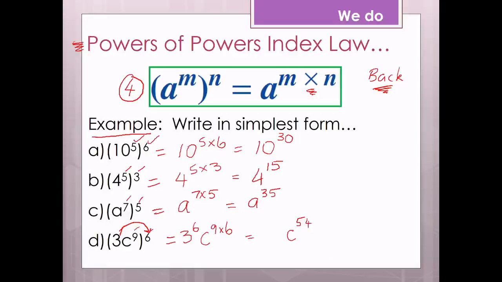Otherwise it might be a button that has like a y with a little raised x on it. Or you can just type in 3 times 3 times 3 times 3 times 3 times 3. Either way, you should end up with 729. So 3 to the power of 6 is 729, and so the final answer for that last one should be 729 c to the power of 54.